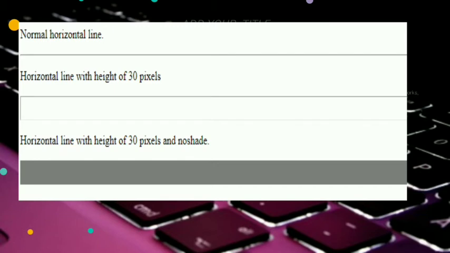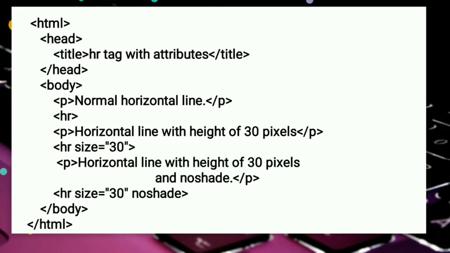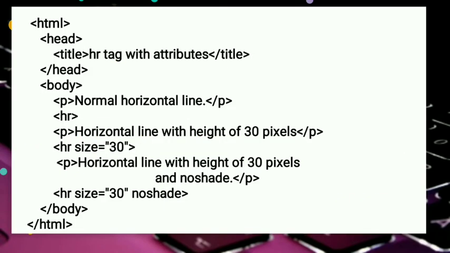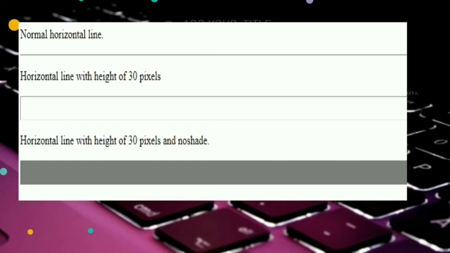And again another one, text, horizontal line with height of 30 pixel and noshade. The last one is the gray color line. Look at the code, HR size equal to 30, noshade. Okay, this is the use of the noshade attribute. Okay, understand?